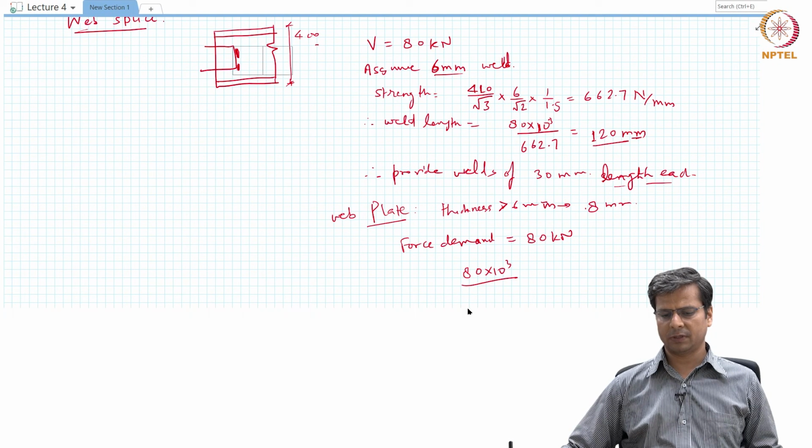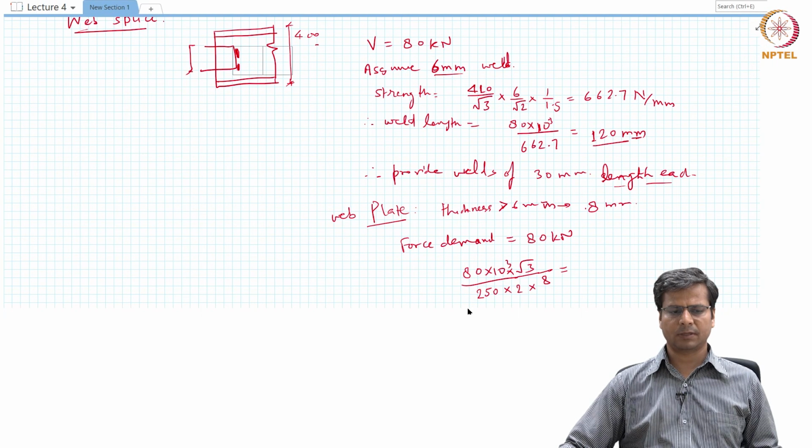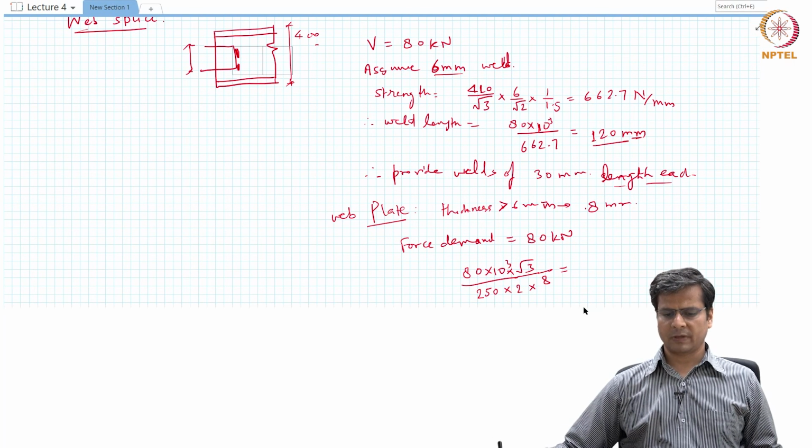Therefore, we will divide it with the 250 MPa divided by root 3. That is the shear stress or shear strength. Since 2 plates are going to resist this load, this much, and divided by the thickness of the plate. So if we are taking 8 mm as the thickness, then we can get the depth of the plate. What is the plate depth that is required? When we calculate it, we get the total depth of 34 millimeters, which is very small.